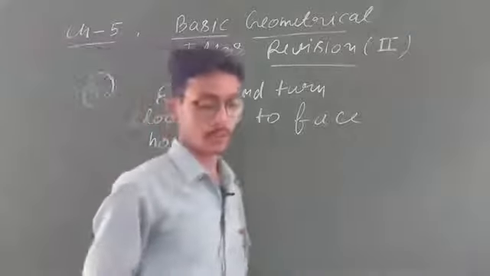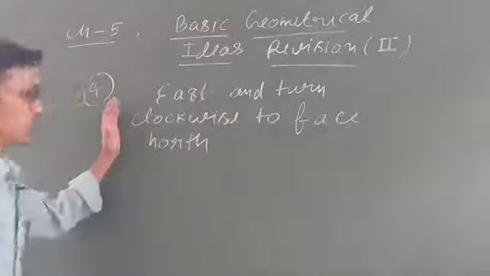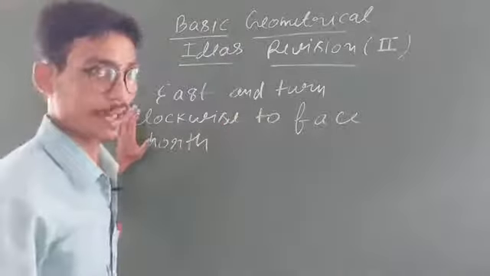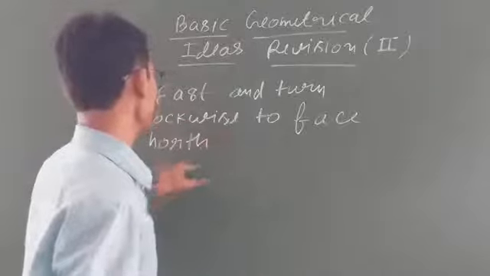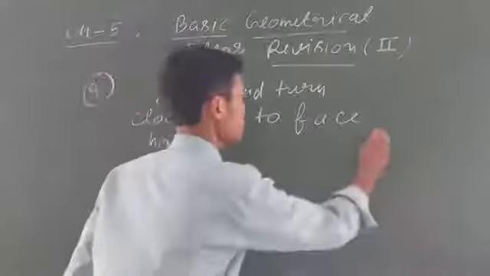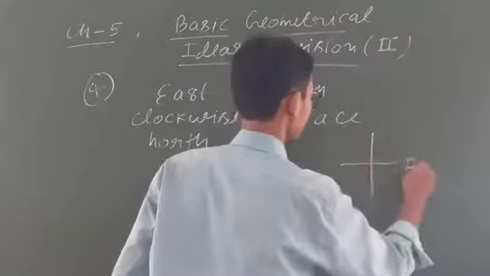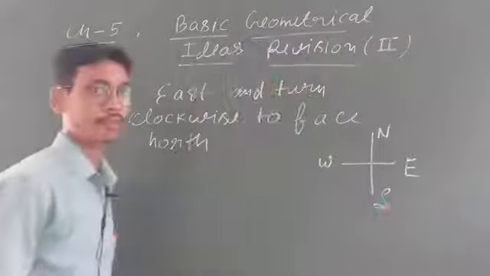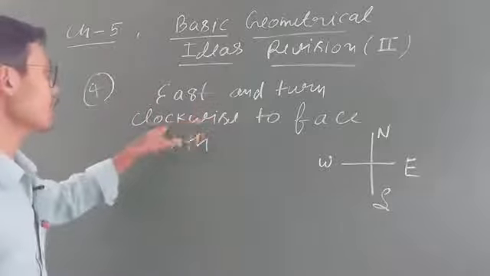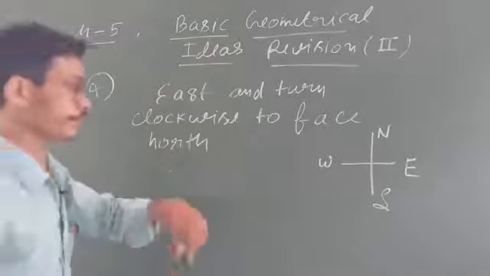Clear, everyone? What is this question? You have to find out the fraction. In the previous question we discussed east and turn clockwise to face north. This is our diagram: east, west, north, south. Clear to everyone?